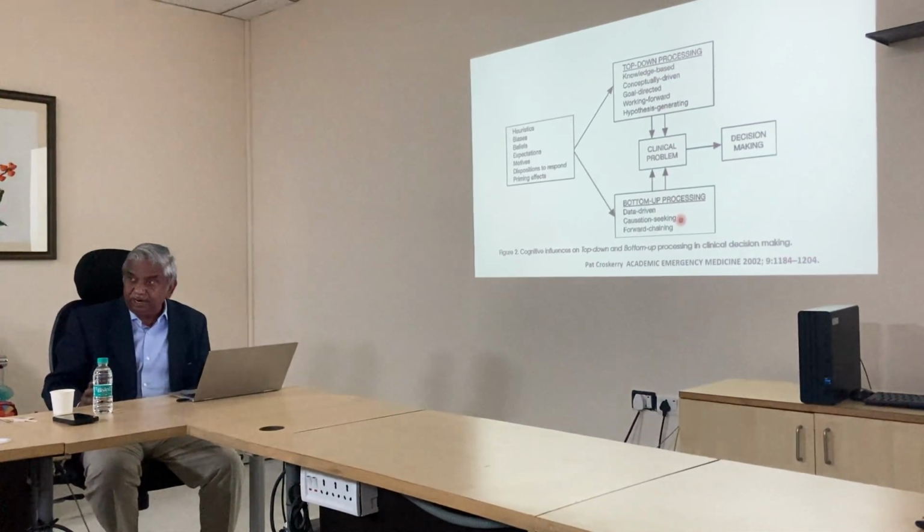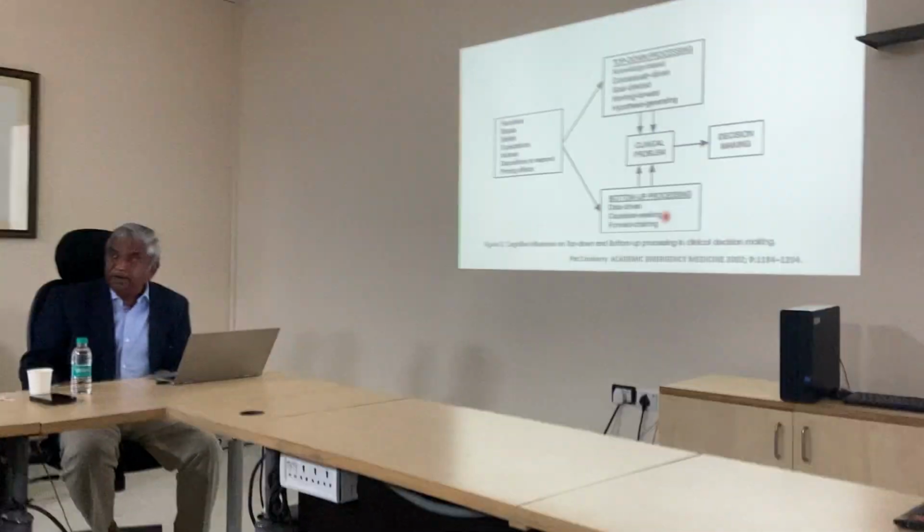Many data are already available because the patient has been referred from some other hospital. You have a bunch of test reports available, and from bottom-up processing you try to find out the various causes that could have given rise to these data and try to arrive at a decision.